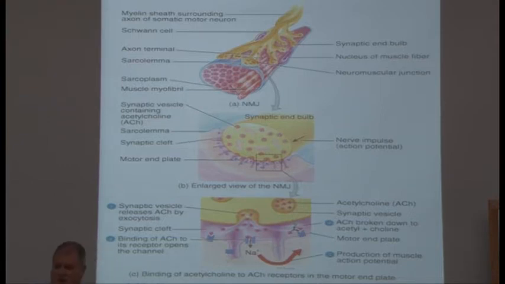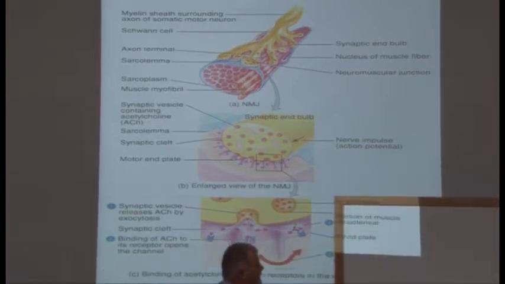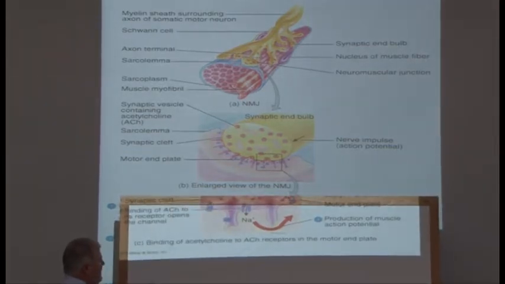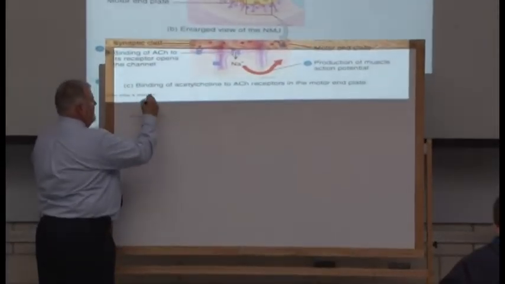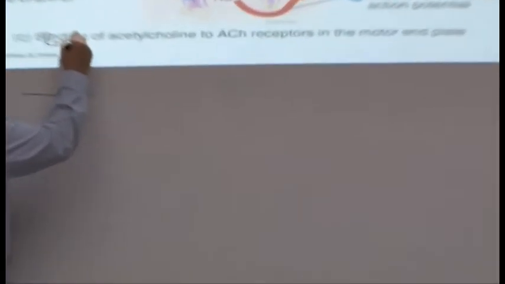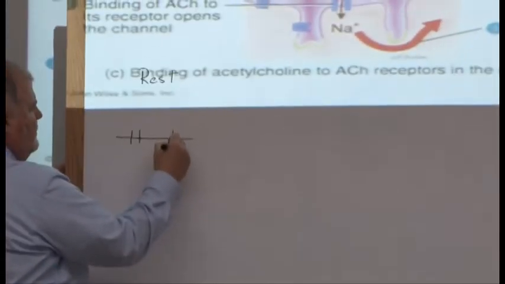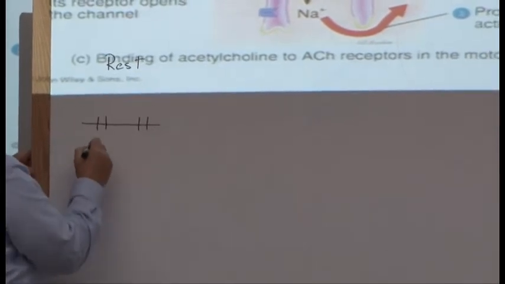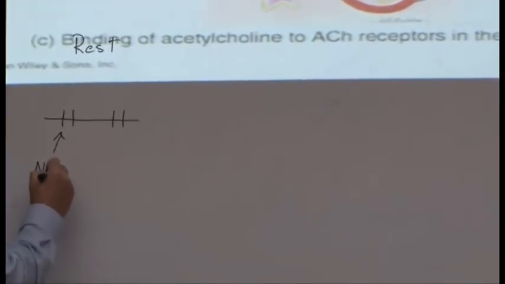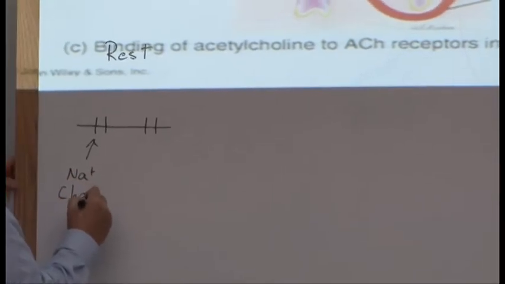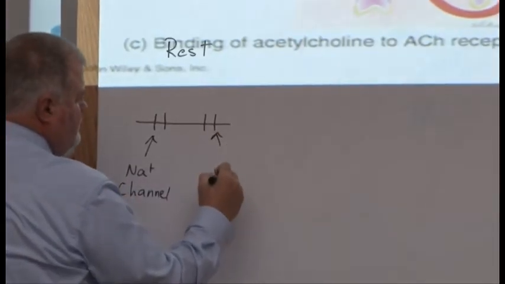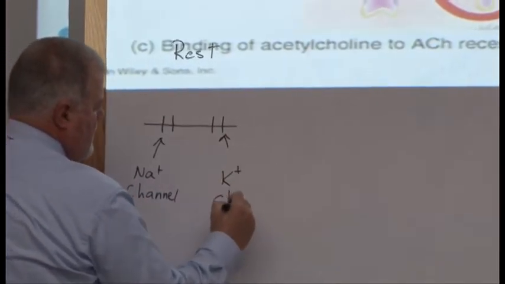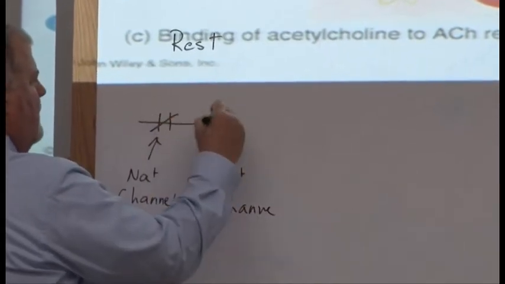All right. So the thing to think about that we talked about yesterday in relationship to this is that we had a membrane that had 3 phases, so at rest. And at rest, the 2 channels that we're going to talk about, our sodium channel and our potassium channel, are closed.